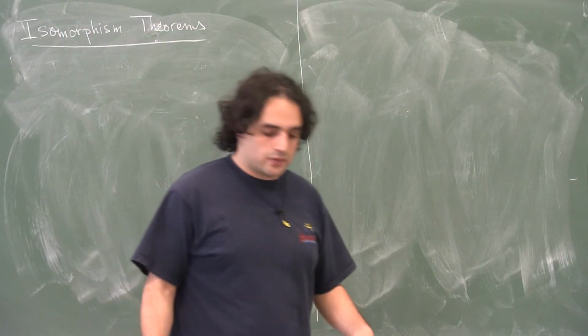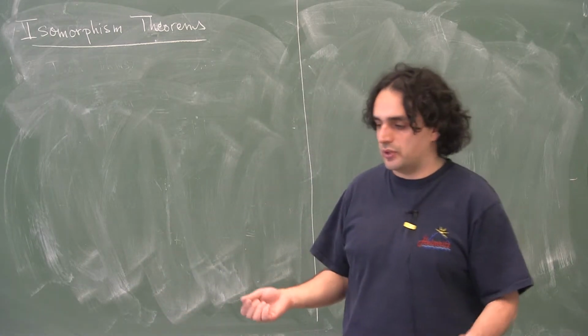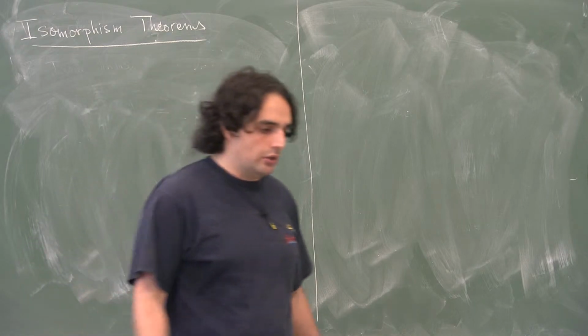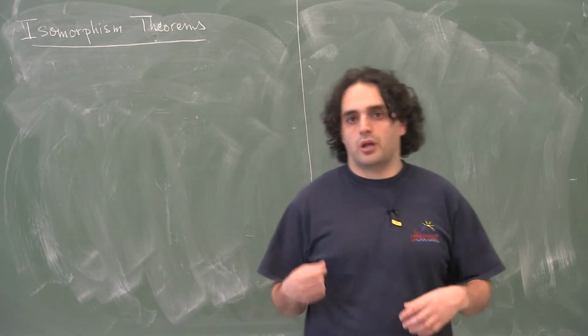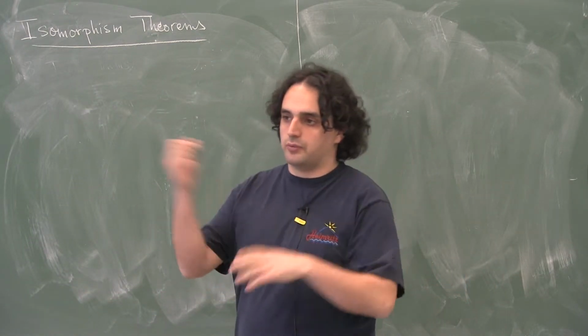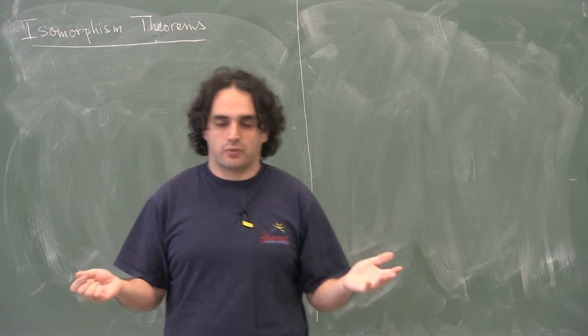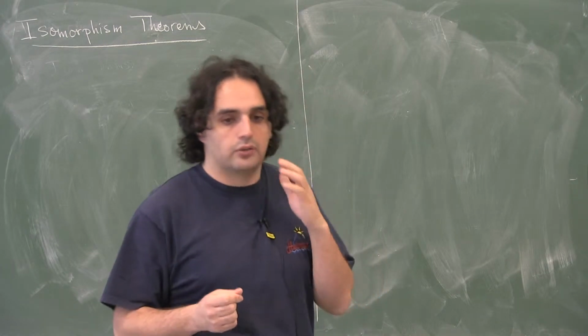Okay, so in this lecture, I'd like to tell you about the so-called isomorphism theorems in group theory. Different people number them differently. For me, there are three basic isomorphism theorems that I'm going to tell you about.